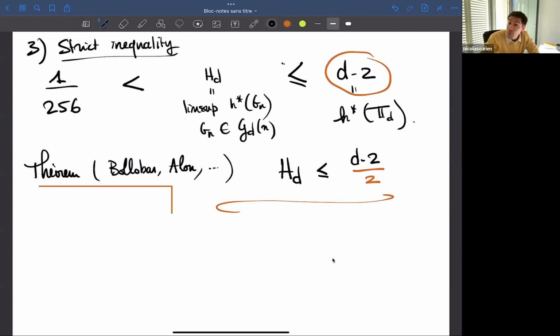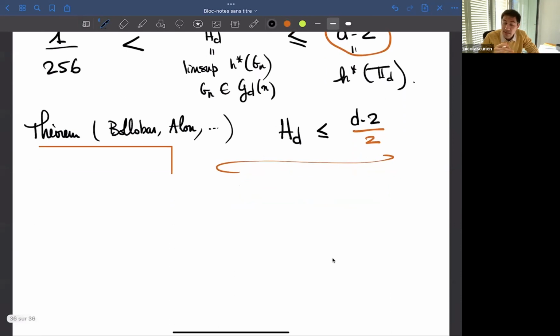Okay, so let me tell you the proof, because the proof is very nice and in a sense a ridiculously simple and brilliant idea. Fix a graph Gn, d-regular, of size n.